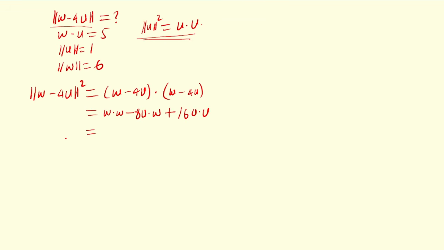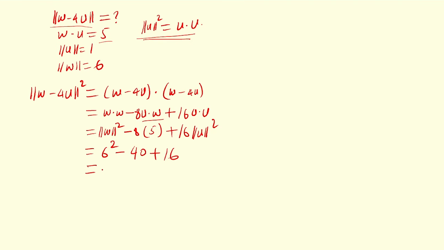W dot w, we apply this property repeatedly. So the norm of w squared minus 8 times u dot w, that is 5 times 5, plus 16 times the norm of u squared. The norm of w is 6, squared, minus 40, plus 16 times the norm of u, 1 squared, that is 16.